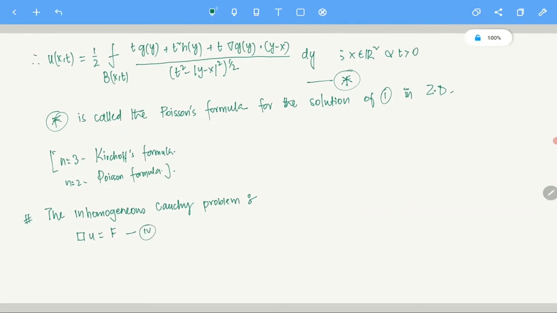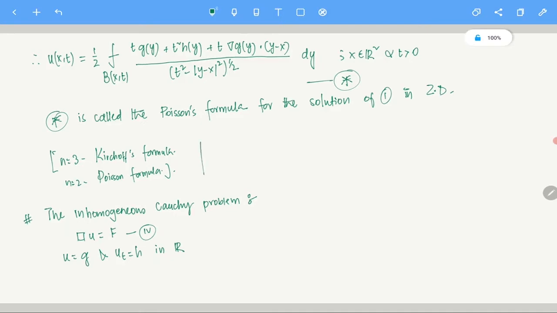Okay, this is the problem given to us, and of course you have the initial conditions: u equals g and u_t equals h, in whatever the region is. Now I will assume that I know how to handle the homogeneous problem in any dimension.